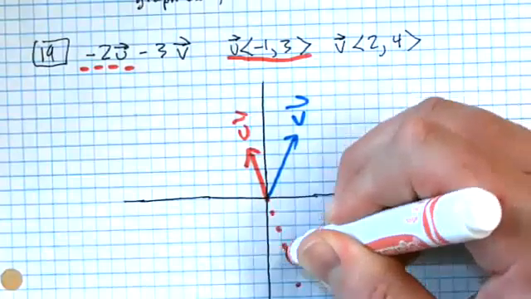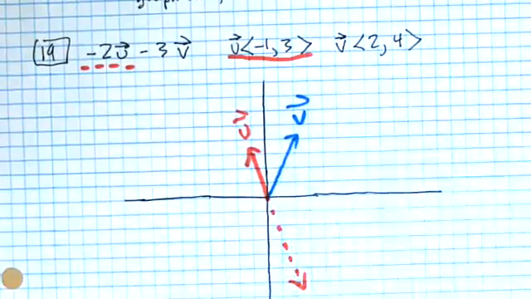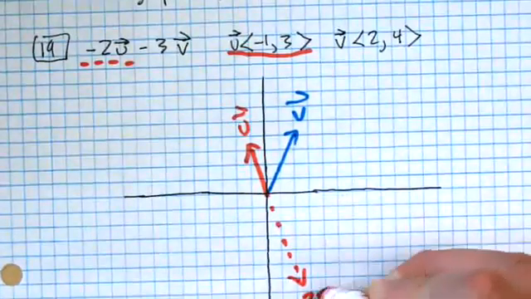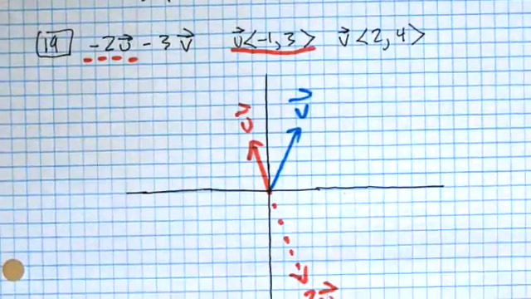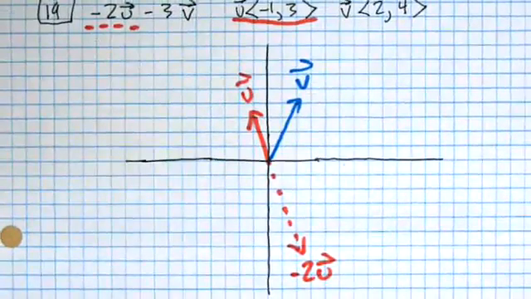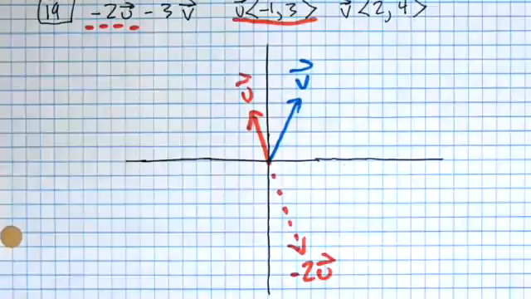And I'm going to do it as a dashed line. So this is negative 2u. If I did that right, then that dashed arrow should be twice as long as the red one, but facing in the exact opposite direction. Does it look like I did that right?